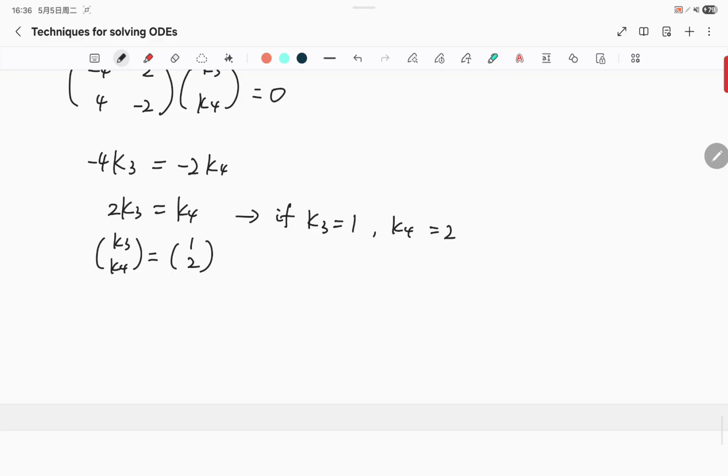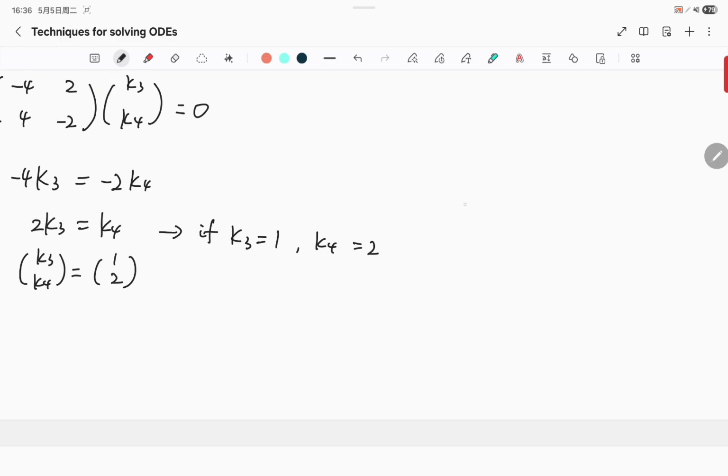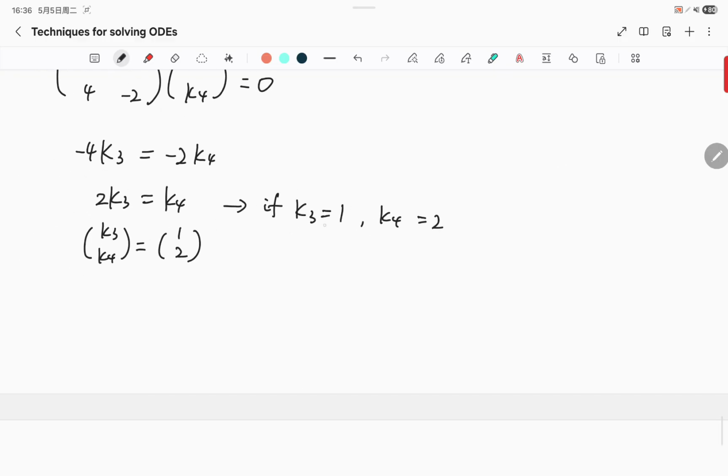Basically, all of the eigenvectors are parallel to each other, but varying in magnitude. Let's say this vector versus this vector, they have the same direction but different magnitude. That's how you choose this value. If you choose 10, then this is 20. That's like a short versus long vector, right?